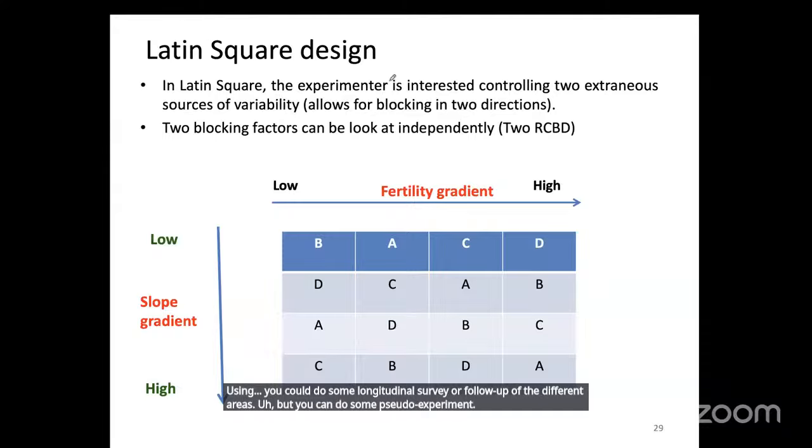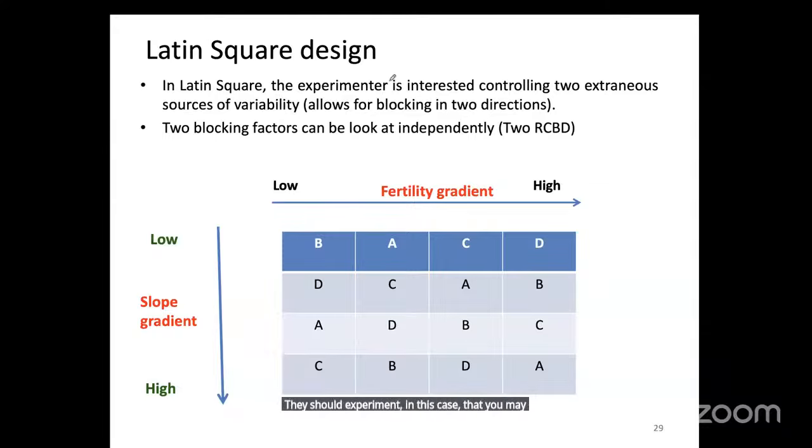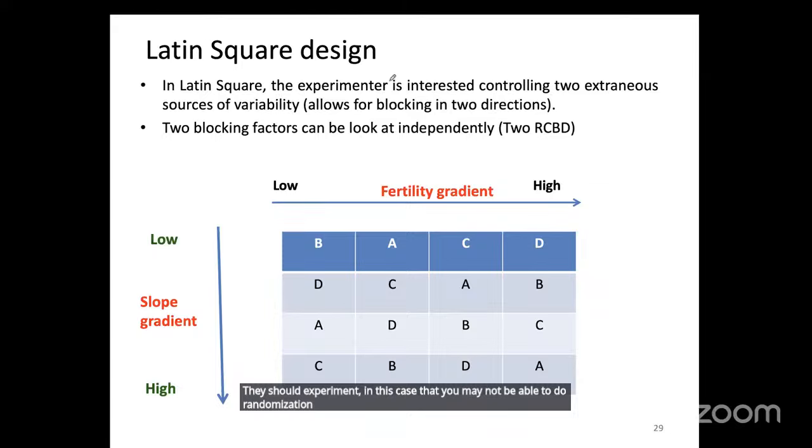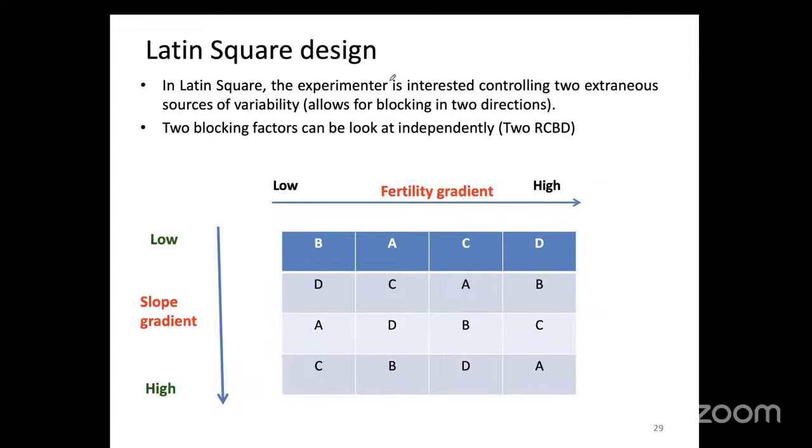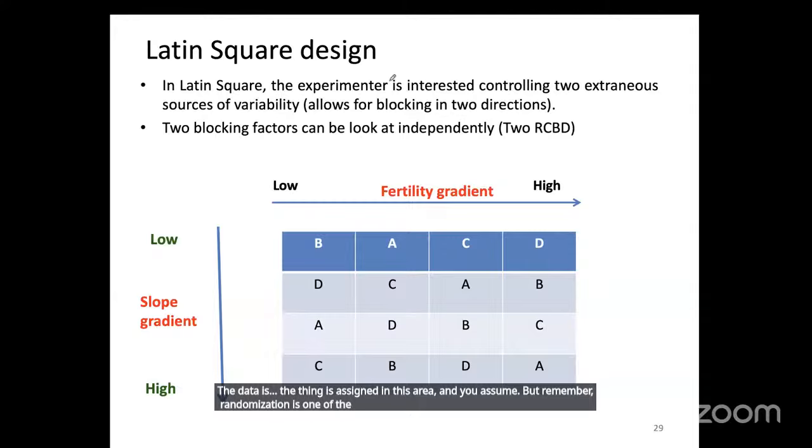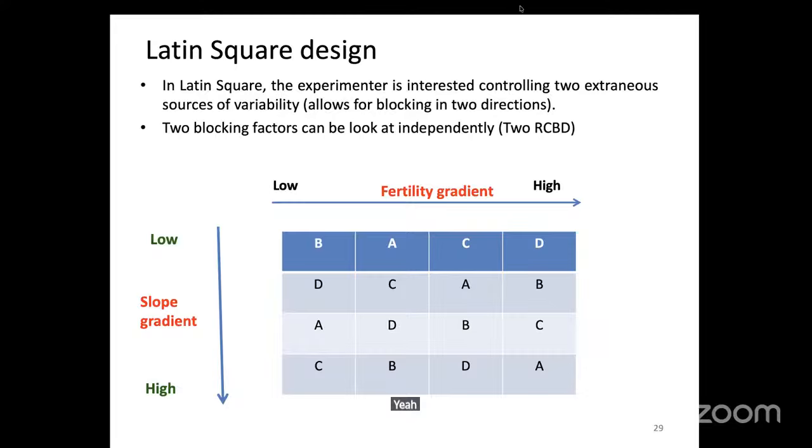The pseudo experiment in this case is that you may not be able to do randomization in certain areas. So you can just say, well, the treatment is assigned in this area, and you assume. But remember, randomization is one of the criteria for you to have an experiment. Yeah, I think that's what I can say for now.